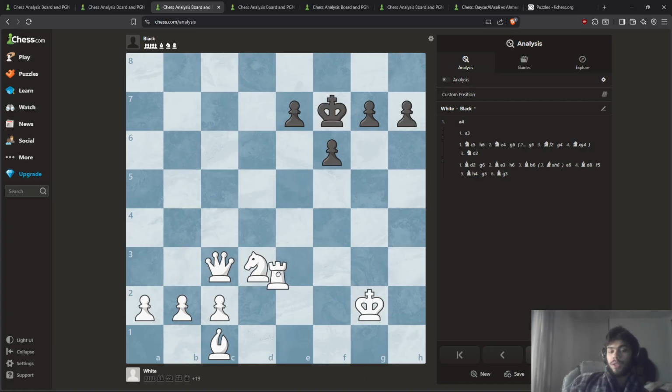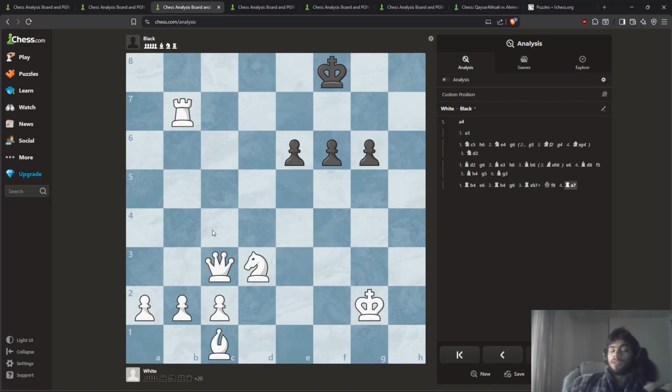First of all, of course, you can't jump over your own pieces like this, but you can do this. You can slide up one square. You can go all the way over here. You can go all the way over here like this. Then you can slide over here like this. That's how the rook moves. You can do this.